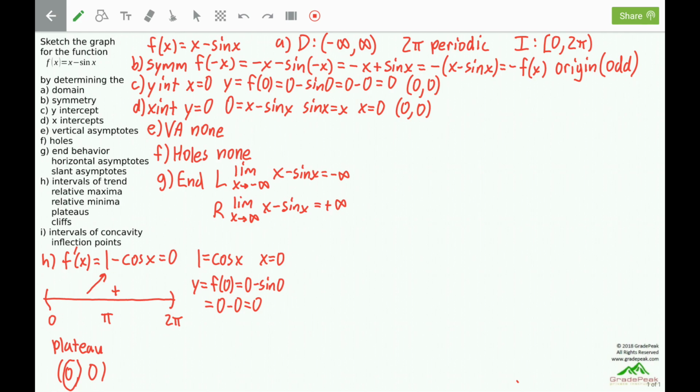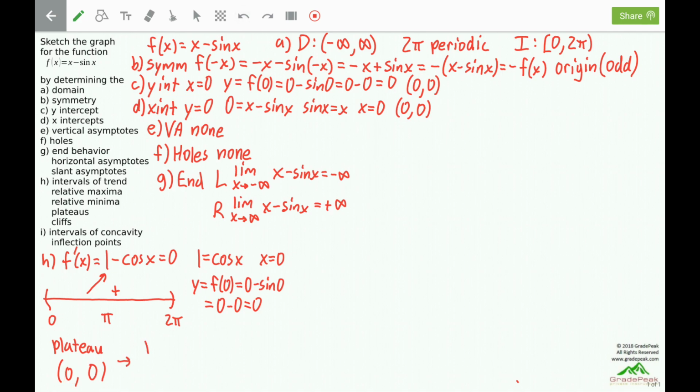The y-coordinate, because the function is x combined with the trig function, y, which is f of x, is also equal to x, so it is also an x value. So to the y-coordinate of the plateau, we can also add the period 2 pi times n, an integer.